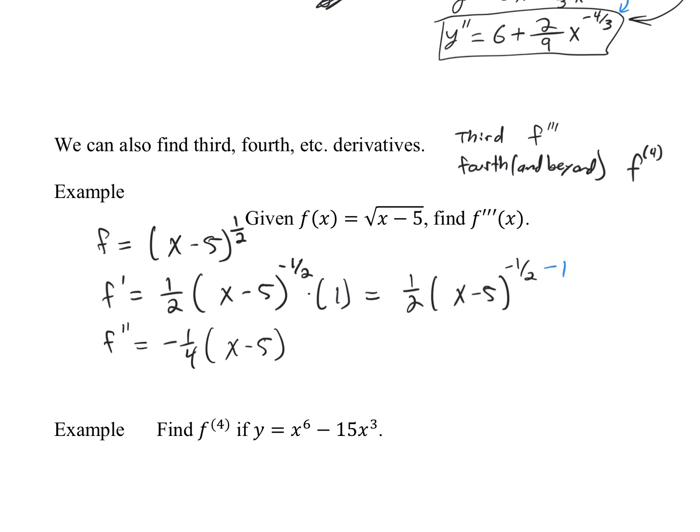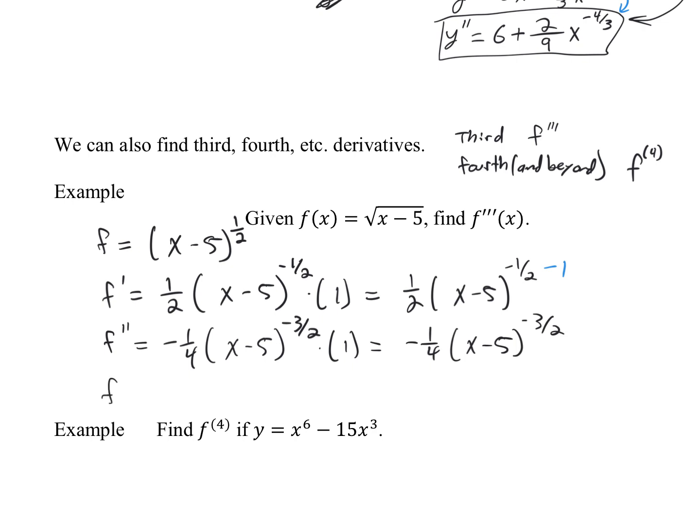So if we subtract 1 from the previous one, what we get is negative 3/2. We technically have to multiply by the derivative of the inside, which in this case, again, is just 1. So our answer here is negative 1/4 times x minus 5 raised up to the negative 3/2. That was our second derivative.